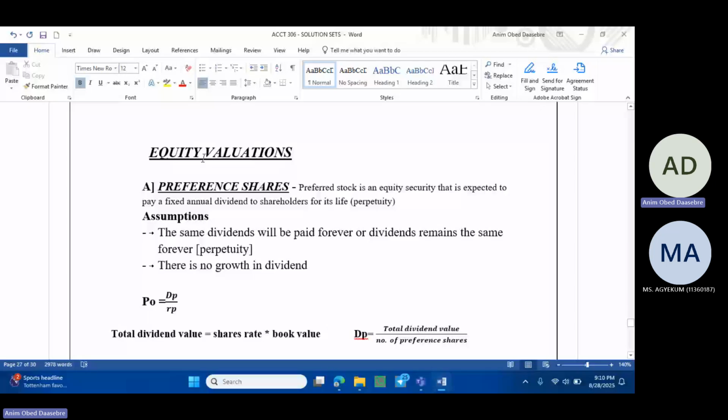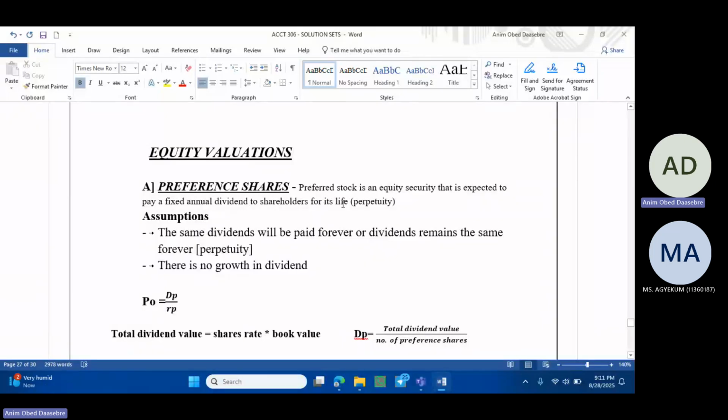Under equity, you said that equity has been split into two sources of finance, preference shares and common shares. So the preference share is an equity security that is expected to pay a fixed annual dividend to shareholders for its life.